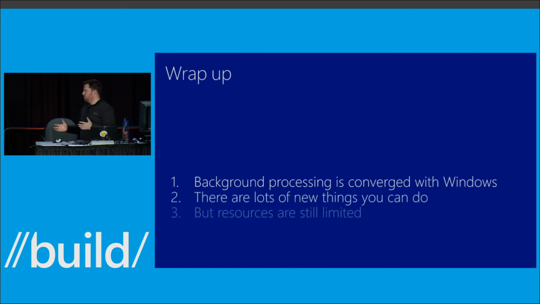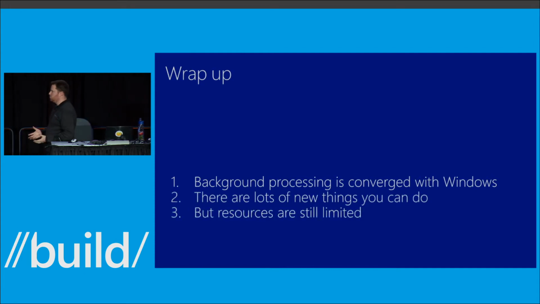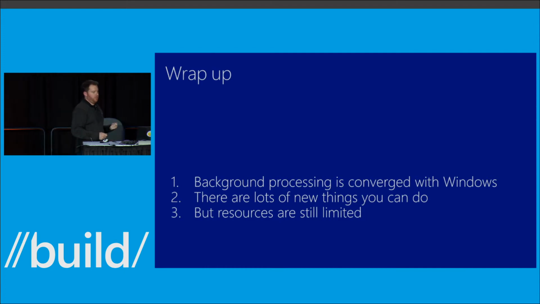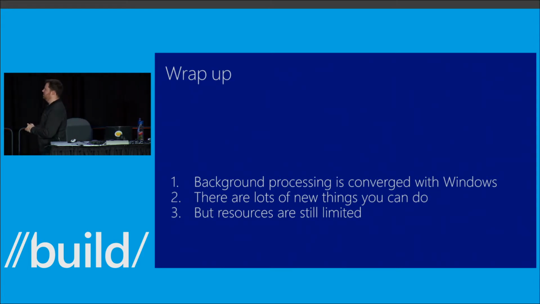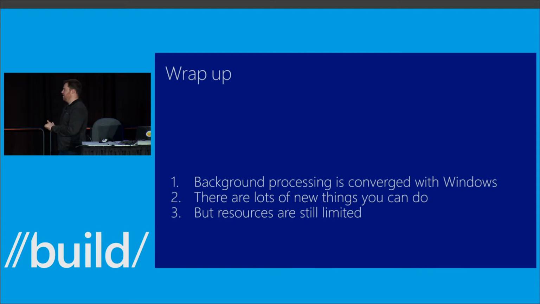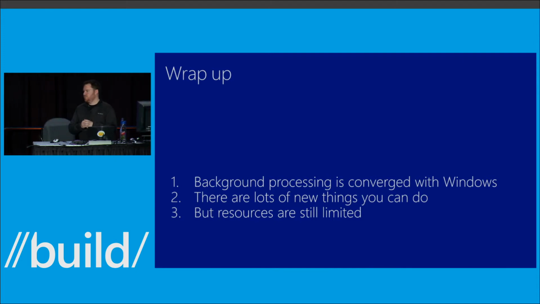So I'm just going to wrap up here. The key things: background processing is converged with Windows. We brought over all that goodness. Tons of new triggers, tons of new things you can do in the background. You asked for this, we gave it to you. I'm really happy that we've been able to expand what you can do in the background on the phone, while still having a really great experience where the user doesn't suddenly have the battery dead in their pocket, which is what we really want to avoid.